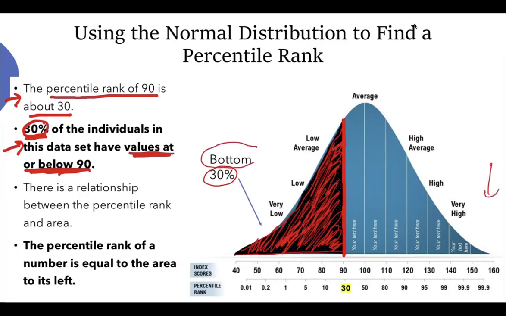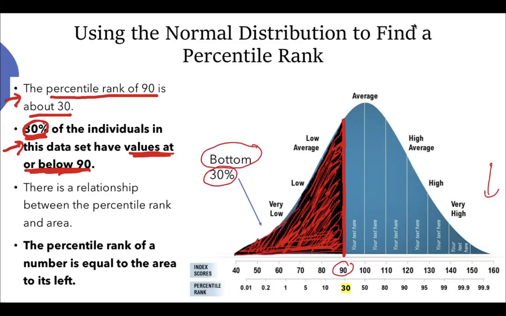And so the percentile rank of a number is equivalent to the area to its left. The percentile rank of 90 is equivalent to the area to the left of 90, and it is approximately 30%.